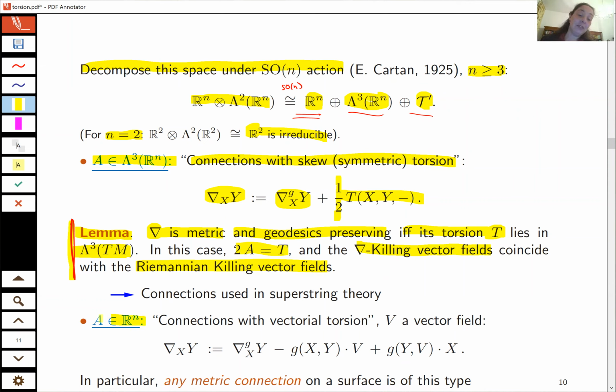Okay, let's have a look at this vectorial case, because the number of degrees of freedom is small. So these are called connections with vectorial torsion.